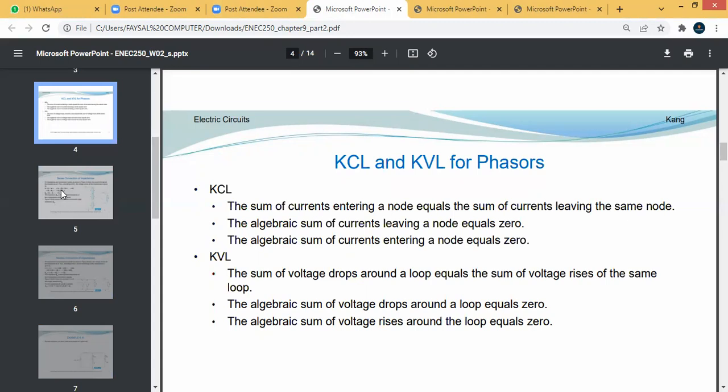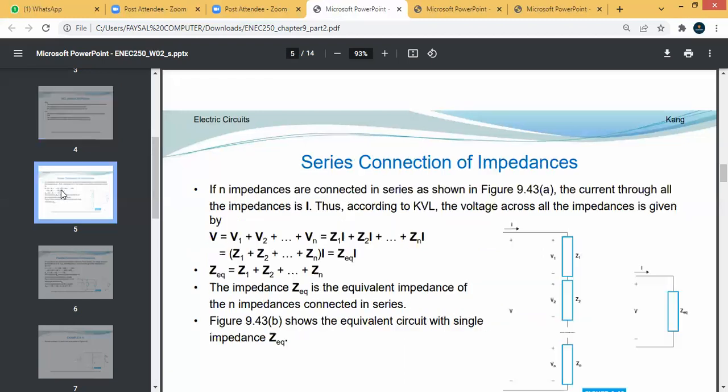For KVL, the sum of voltage drops around a loop equals the sum of voltage rises of the same loop. The algebraic sum of voltage drops around a loop equals 0, and the algebraic sum of voltage rises around the loop must equal 0. So these are the major parts of KCL and KVL.